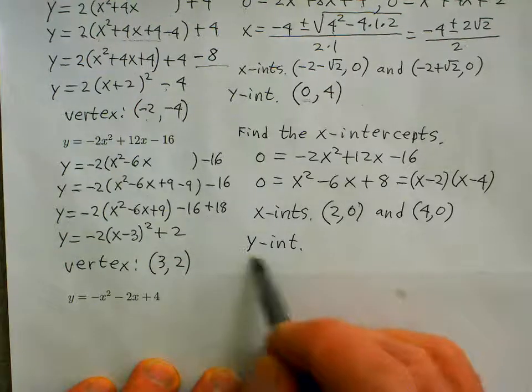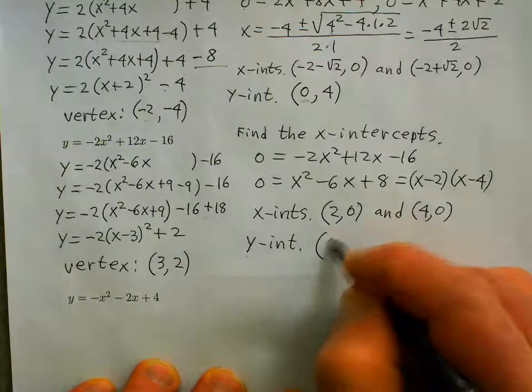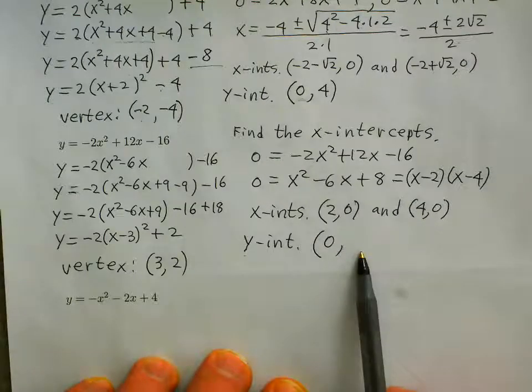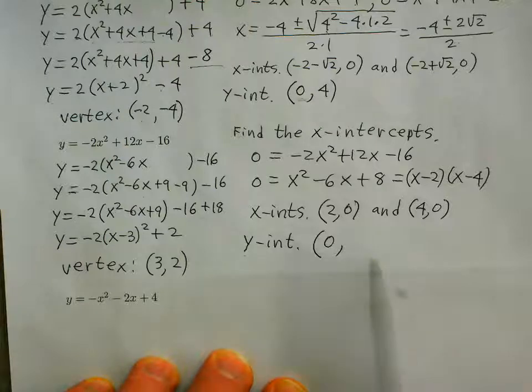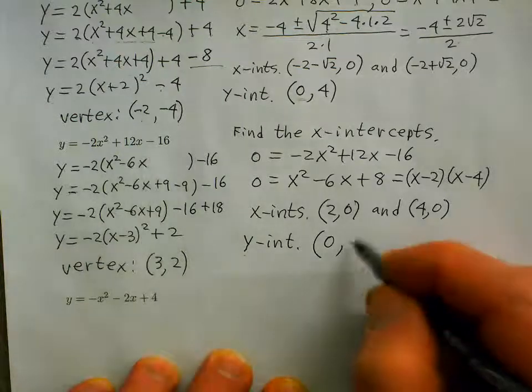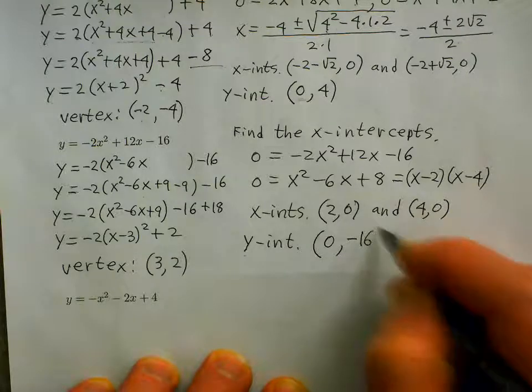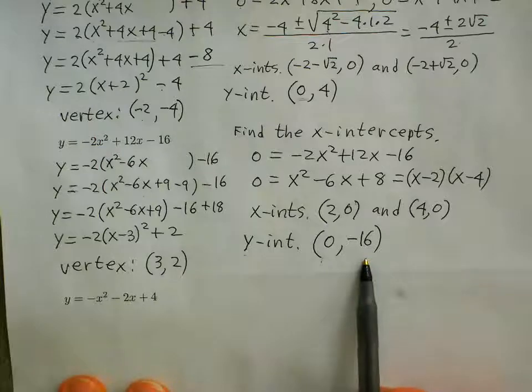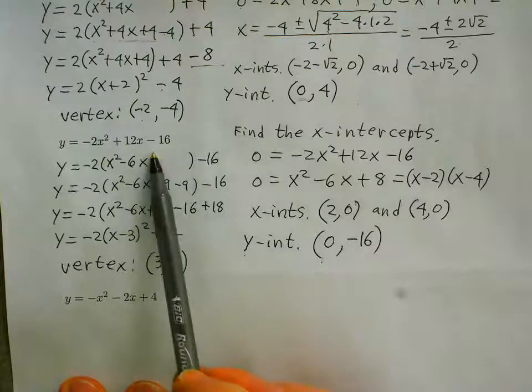Since every y-intercept has an x-coordinate of 0, the way that we find the y-coordinate of the y-intercept is to replace x with 0. So we get negative 16. The ordered pair 0, negative 16 is the y-intercept.